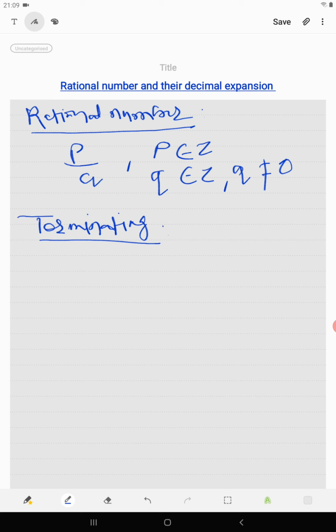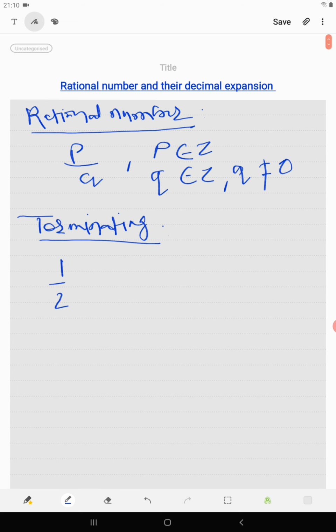There are some ratios which terminate when you divide numerator by denominator, so you will get some data in the decimal form. That will be terminating after a certain digit. Take an example.